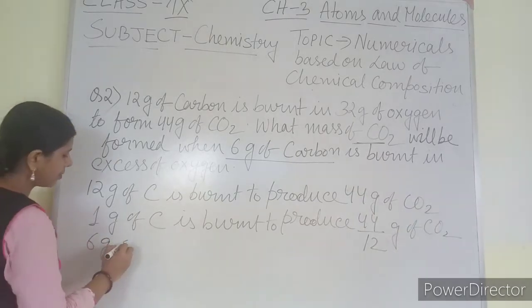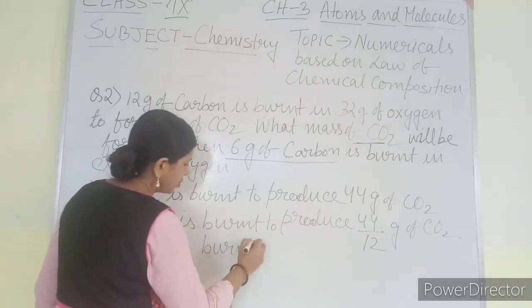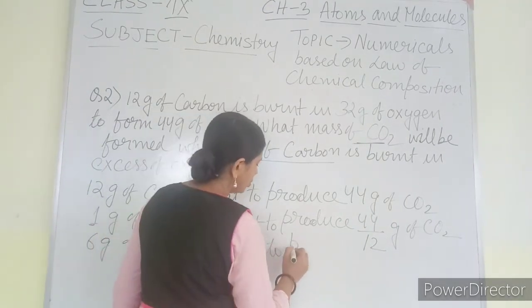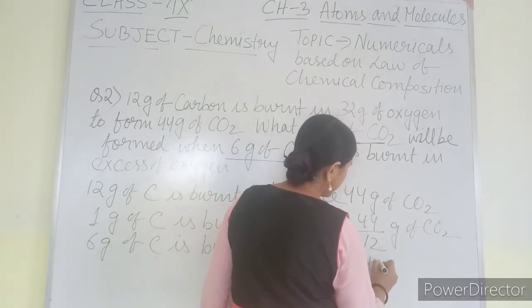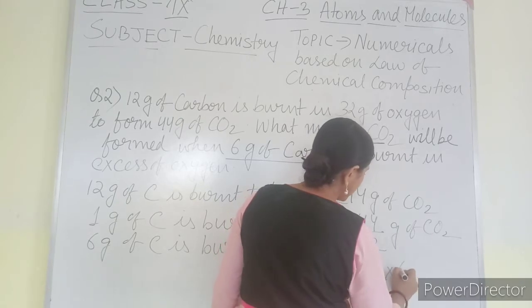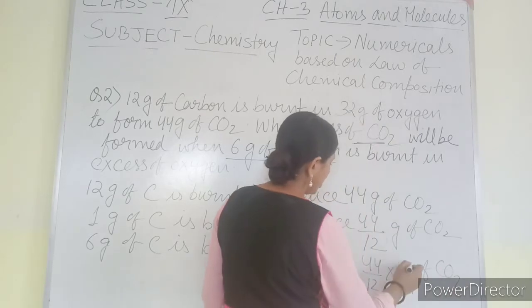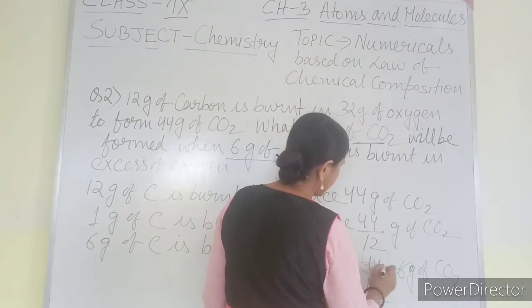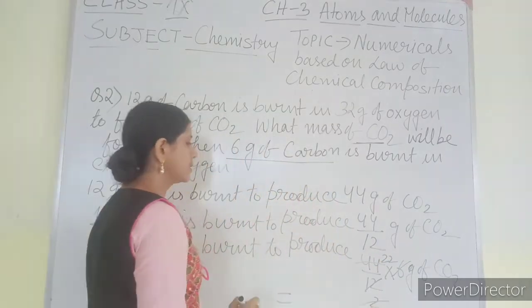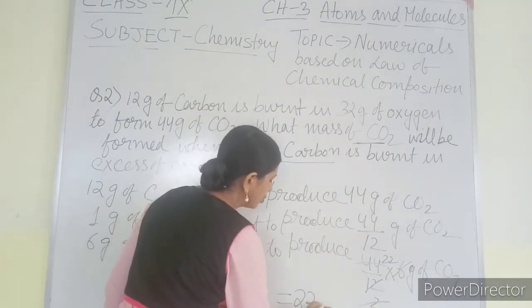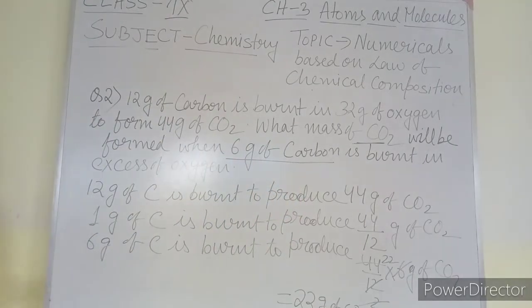So 6 gram of carbon is burnt to produce 44 by 12 into 6 gram of CO2. So 6 2s are 12. This is your 22. So the answer is 22 gram of CO2.